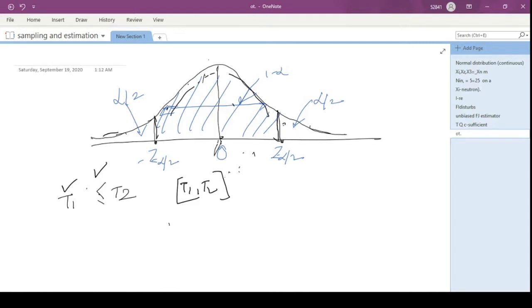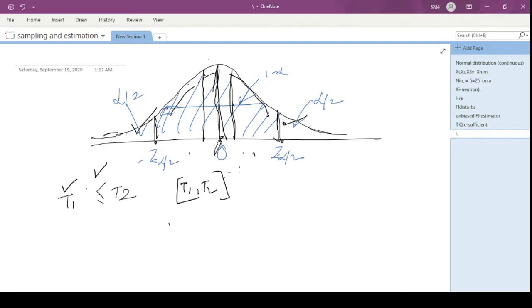This tail is alpha by 2, and this tail is alpha by 2. Let's say this is my sample mean and here is my population mean, or it could be here, or if this is my population mean, this is my sample mean.